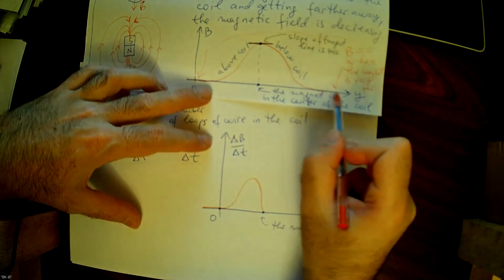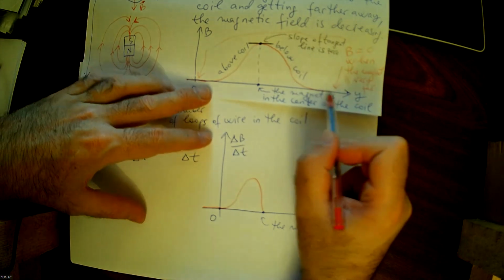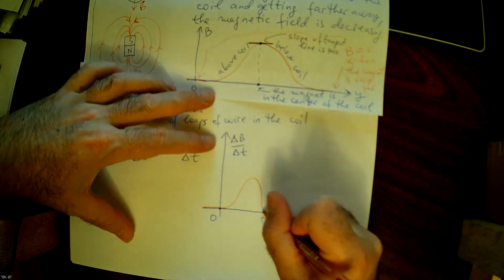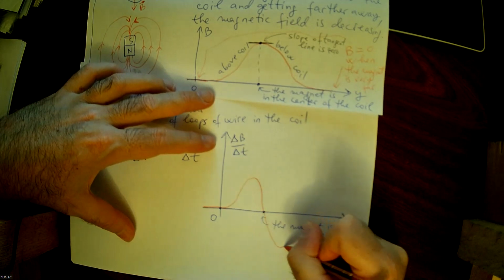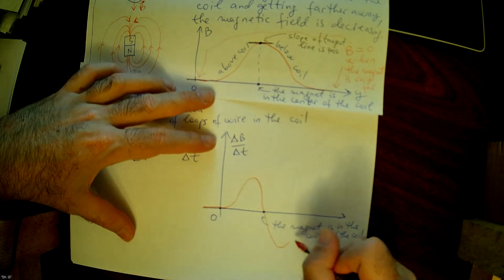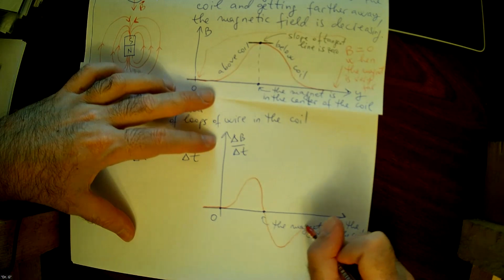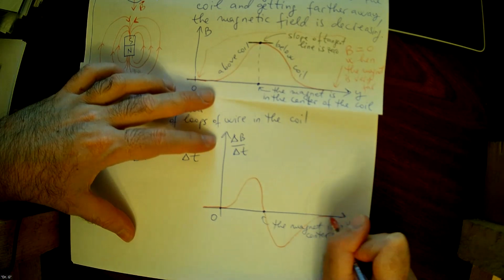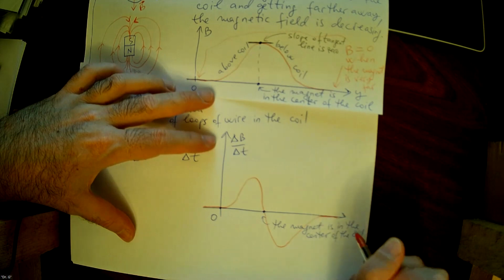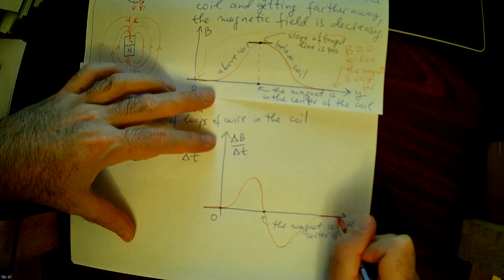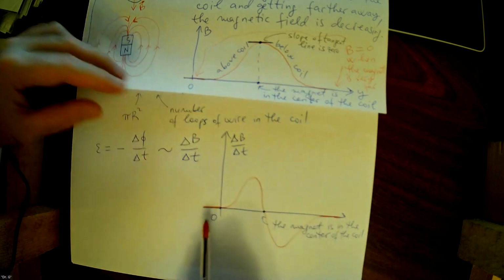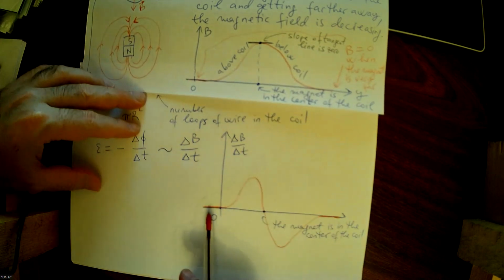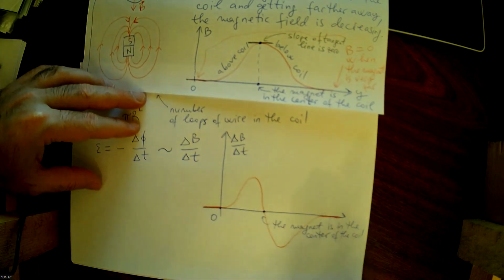But again, very, very far away, the derivative becomes 0. So it's negative, and then the graph turns around, and I end up with a 0 EMF. When the magnet is very, very far away, there's no induced EMF.